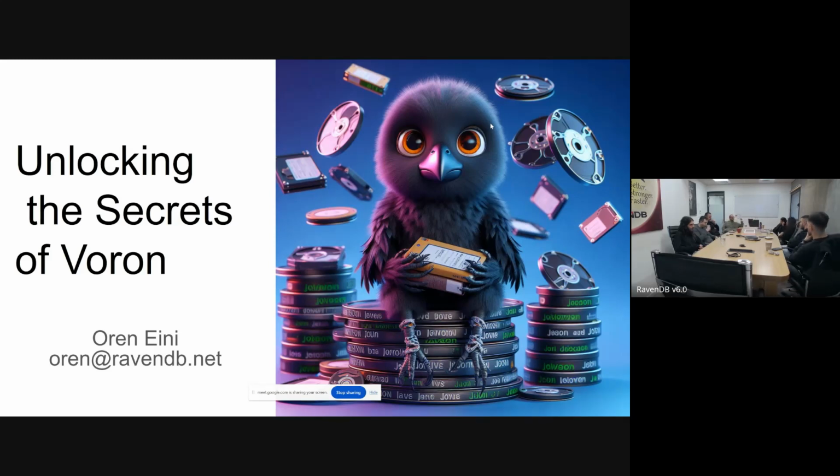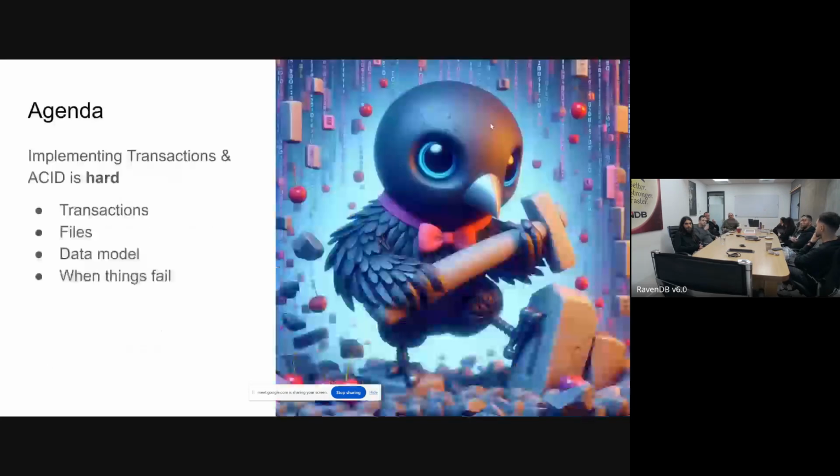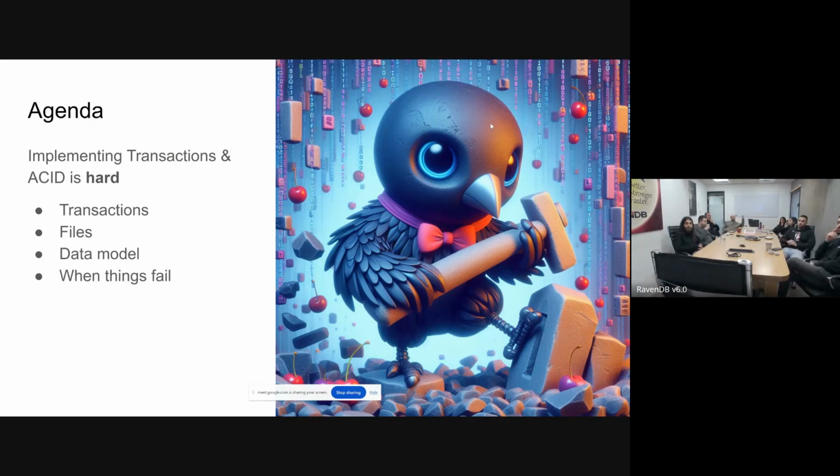I cannot cover everything in a single session, so I'm going to cover the bottom parts first, and then we'll cover other things as we go. So this is what we're going to be talking about. We're going to talk about, from the bottom up, how do we build transactions, and how Voron manages files, what is its data model, and most interesting, what happens when things fail.